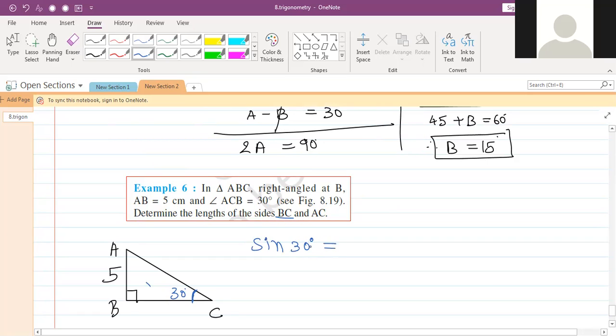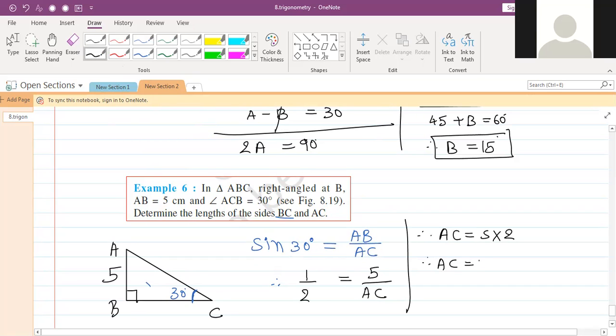So sine 30 is equal to, according to this figure, AB upon AC. Now we can use the value of sine 30, that is 1 upon 2. AB is given 5 and AC as it is. That is opposite upon hypotenuse. So AC is equal to 5 multiplied by 2, and therefore we get AC is equal to 10.